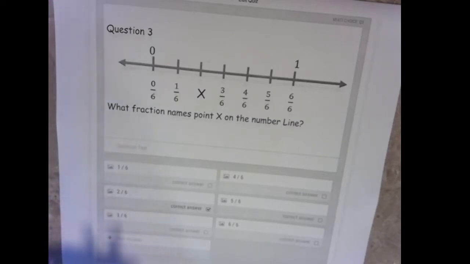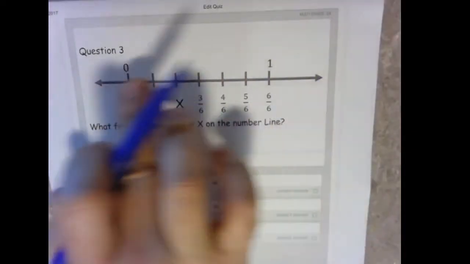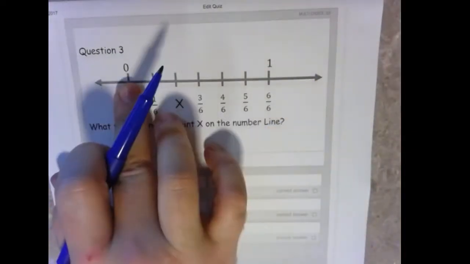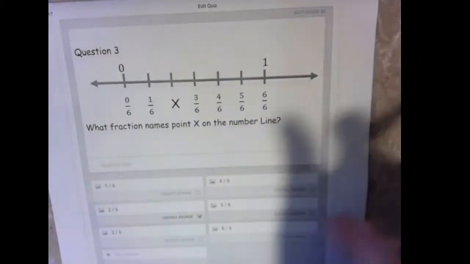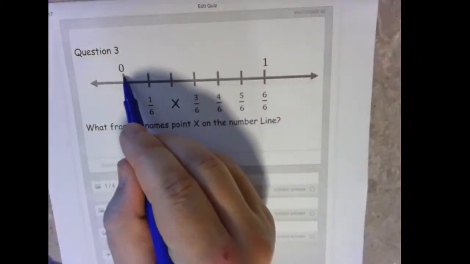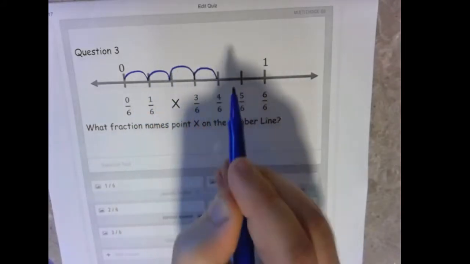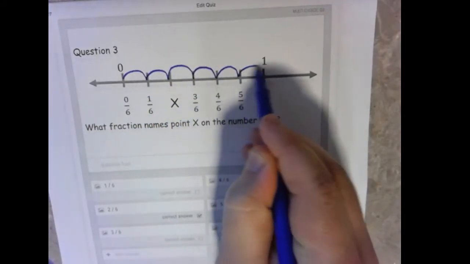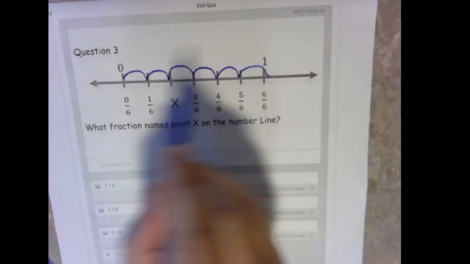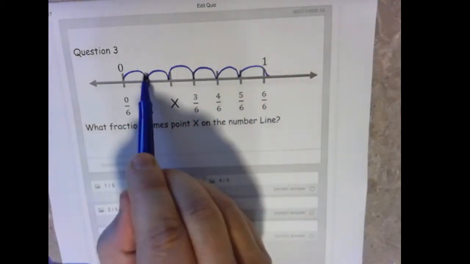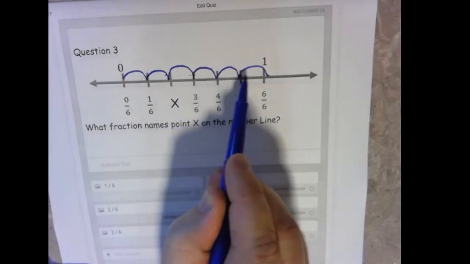All right, what fraction names this point on the number line? So now what do we see? It's a little bit different. Now it's still going the same distance. 0, 1, 2 would be over here somewhere. How many steps is this broken? So we're just taking littler steps, okay? So before we took kind of a big step, here we're taking baby steps. How many steps to reach our goal to get to 1? 1, 2, 3, 4, 5, 6.